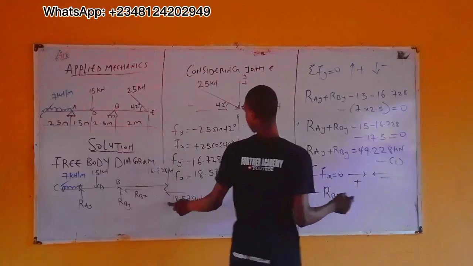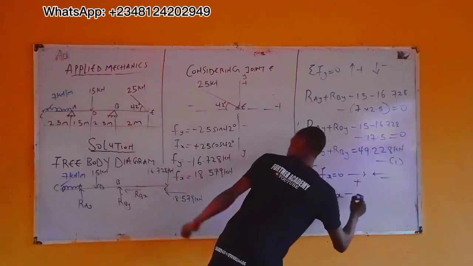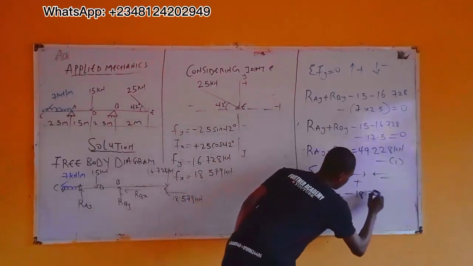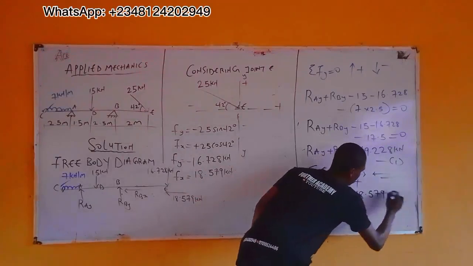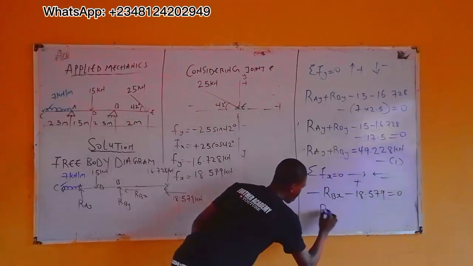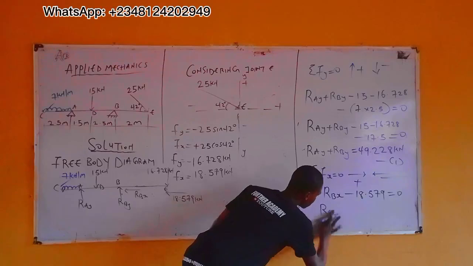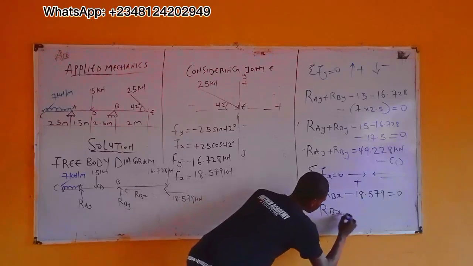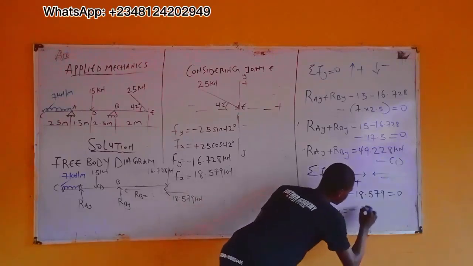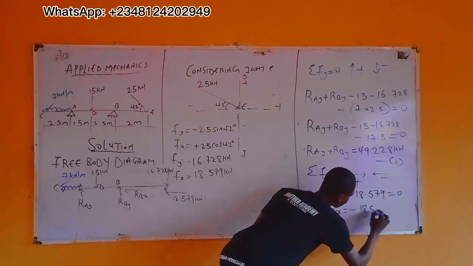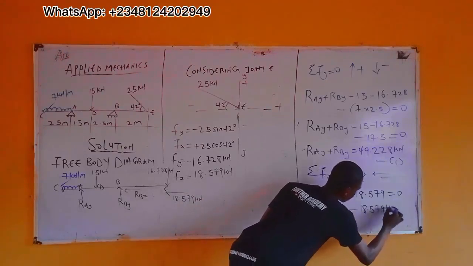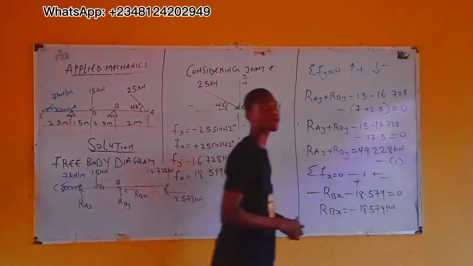This one positive or negative? Negative 18.579 equals 0, meaning RBX is equal to what? Negative 18.579 kilonewton. Is that correct?